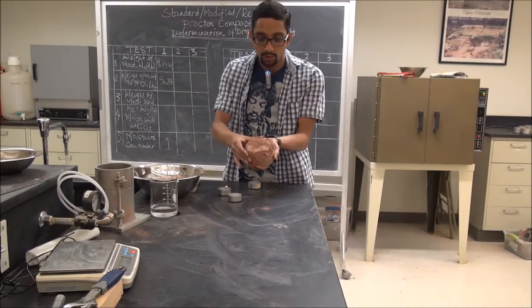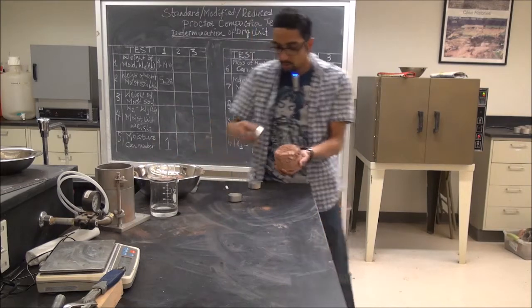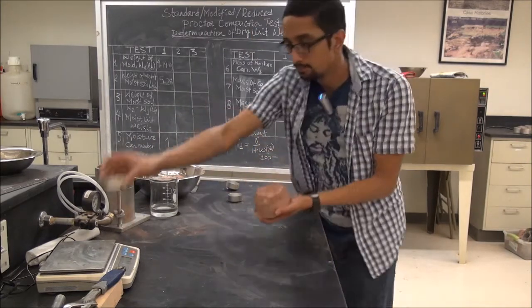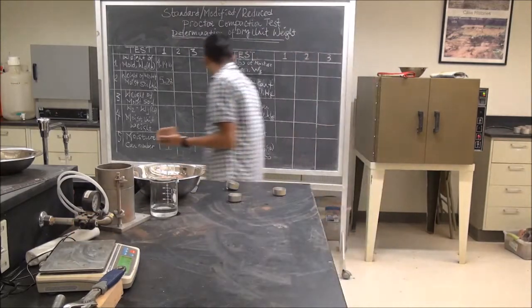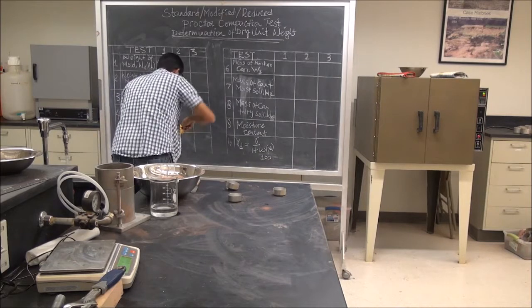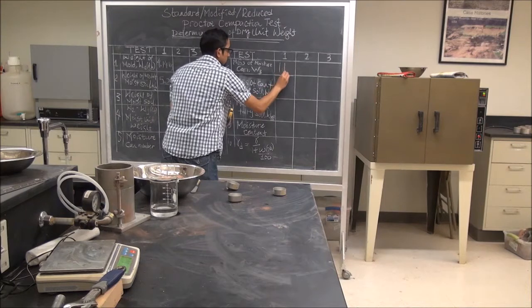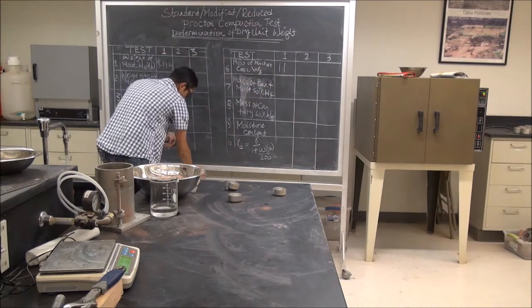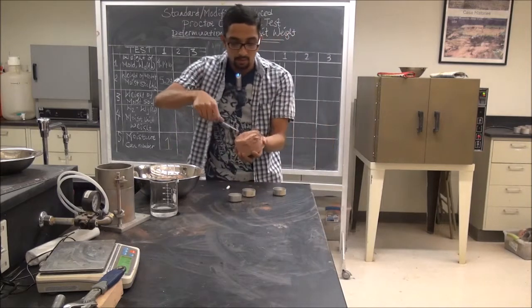Now this is the extruded sample of soil which we compacted just now. The next thing to do is measure a moisture can, 11 grams. Put it on the table. Then take some sample from the middle of the soil.